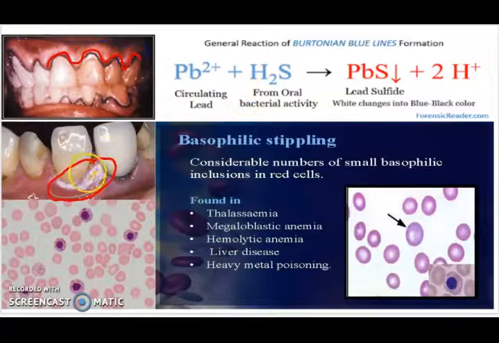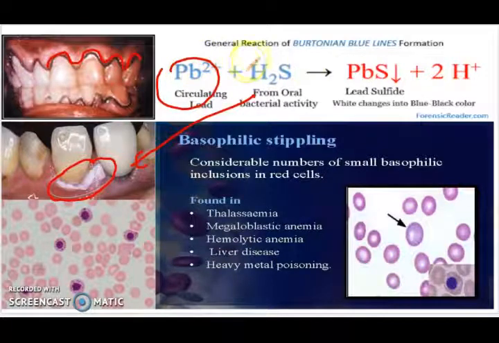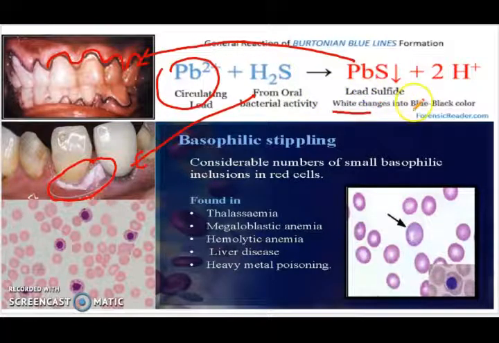So grayish lines is basically H2S, right? And over time lead has cumulative effect which replaces hydrogen, and there are deposits of lead sulfide where the white changes to darker color.